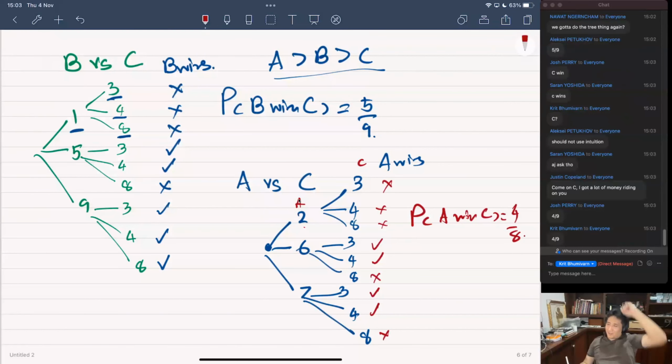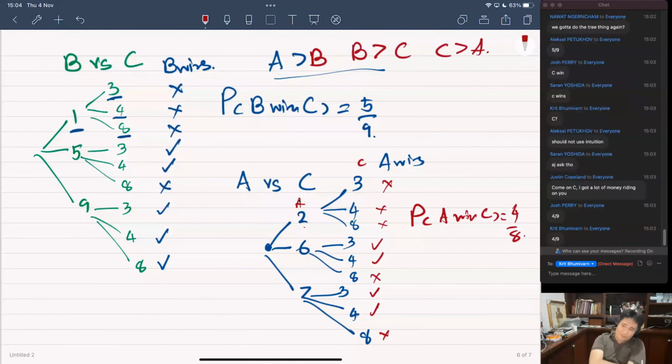Doesn't that sound weird? Because we kind of know the following: A wins against B, B wins against C, but C wins against A. Have you seen this kind of thing before?